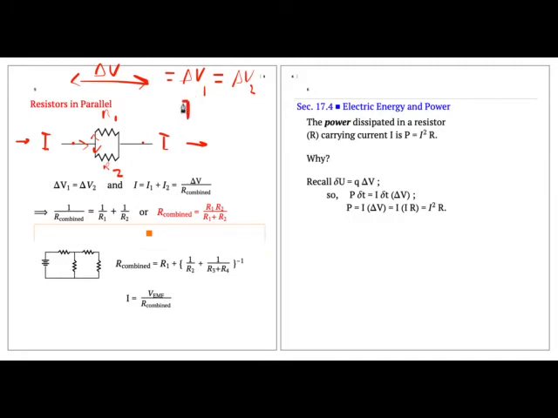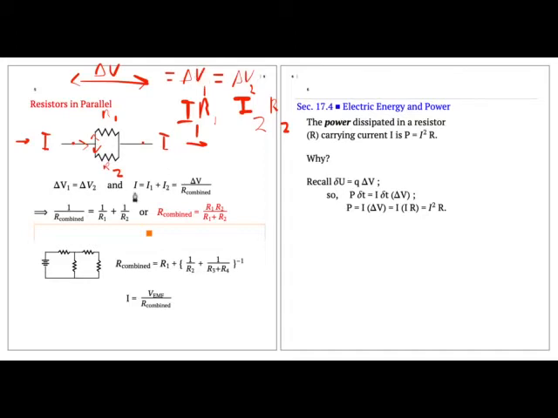Delta V1 is I1 R1. And delta V2 is I2 R2. I1 times R1, I2 times R2, these are both equal to delta V. So I1 is delta V over R1, and I2 is delta V over R2.